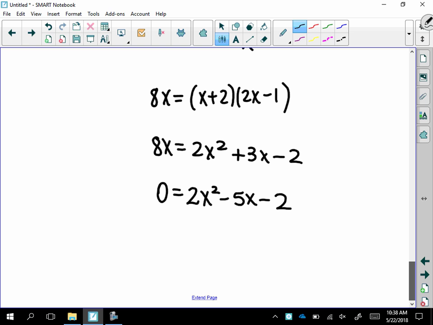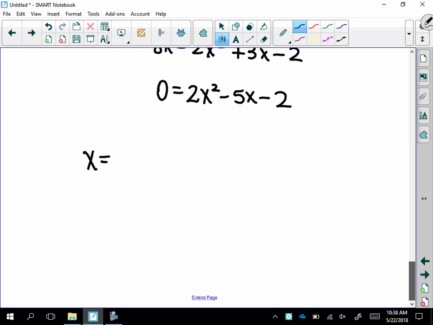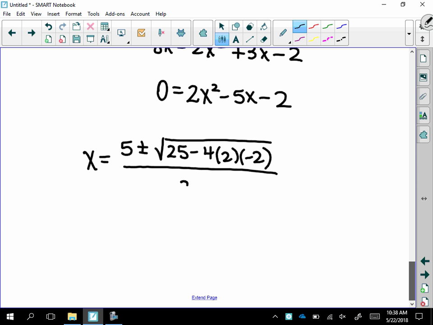So then what do I have to do? Quadratic formula. It's going to be negative b plus or minus the square root of b squared minus 4ac all over 2a. And I'll get my values from that.